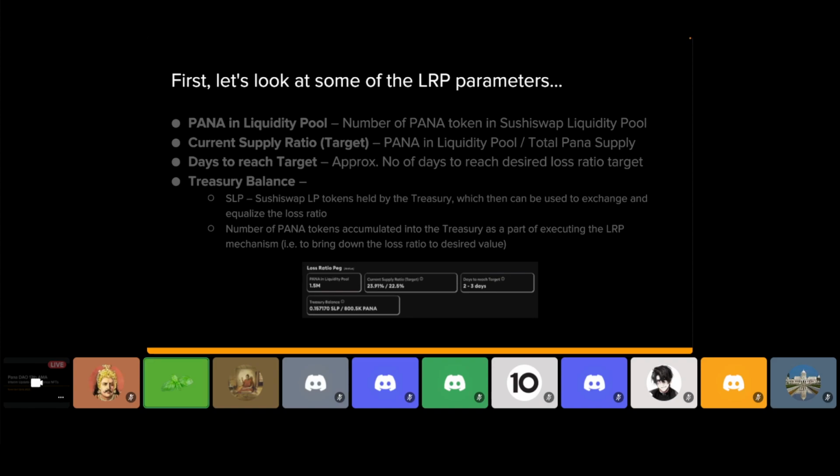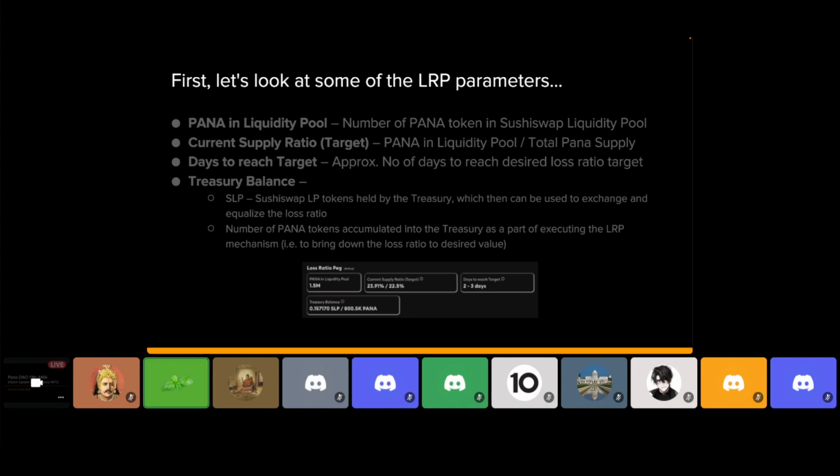The second parameter is the current supply ratio and the target ratio. It is nothing but the PANA in the liquidity pool divided by the total PANA supply. That gives us the number, and that is our current supply ratio. And target is nothing but what we want to achieve.